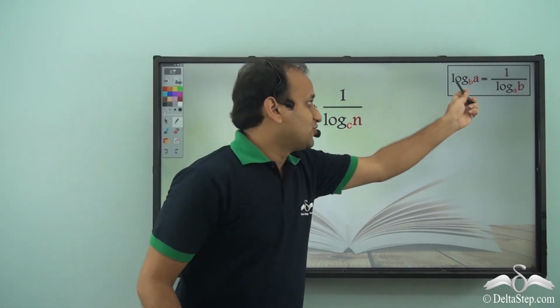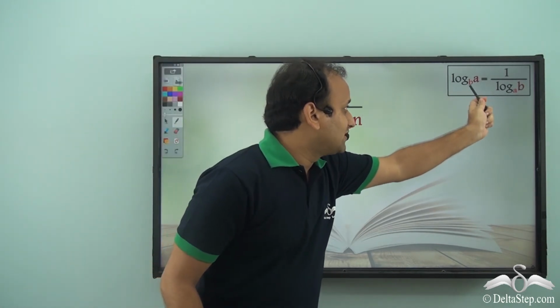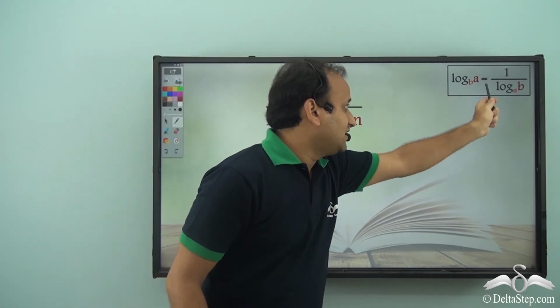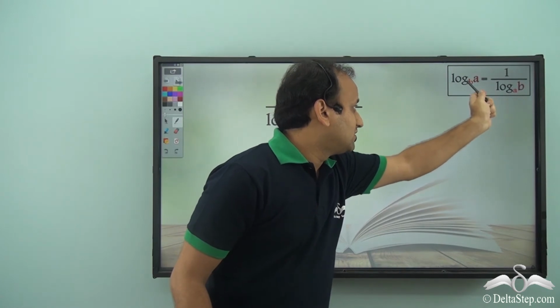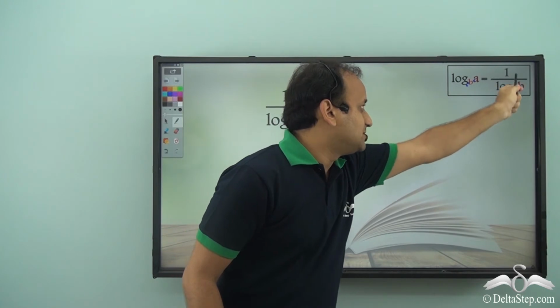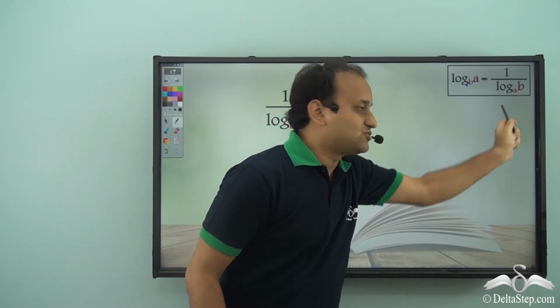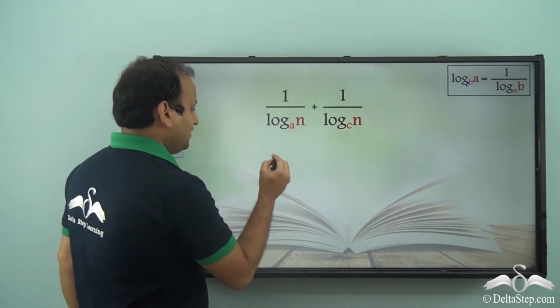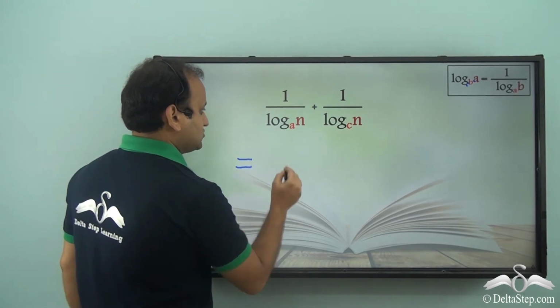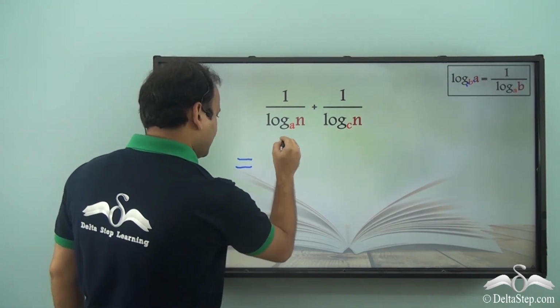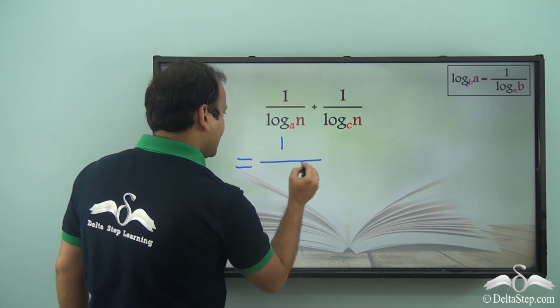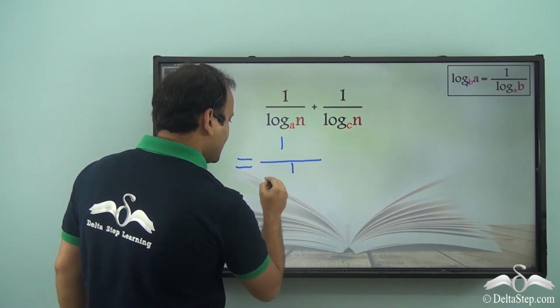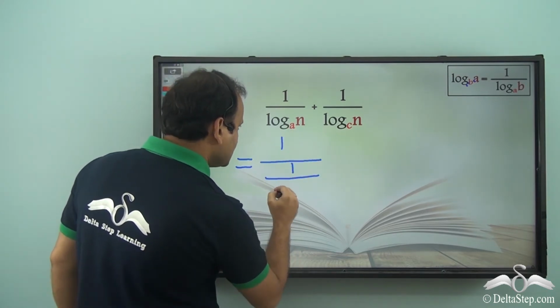So the reciprocal formula states that if log a to the base b is there, then if you want to bring a to the place of b and b to the place of a, you need to reciprocate it. That is 1 by log b to the base a. So we will reciprocate this. So we'll have n here. So we can write 1 by the reciprocal of this.